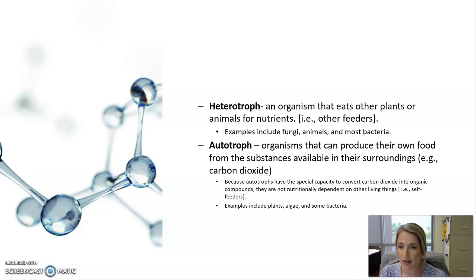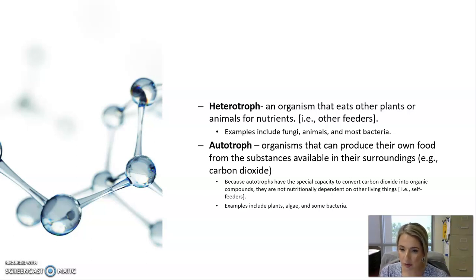So often fungi and bacteria will feed off of other fungi, animals, and plants in order to obtain carbon as a nutrient source to sustain life. Technically, humans are considered heterotrophs. We feed off of other living things, such as plants and animals, to obtain our essential nutrients as well.